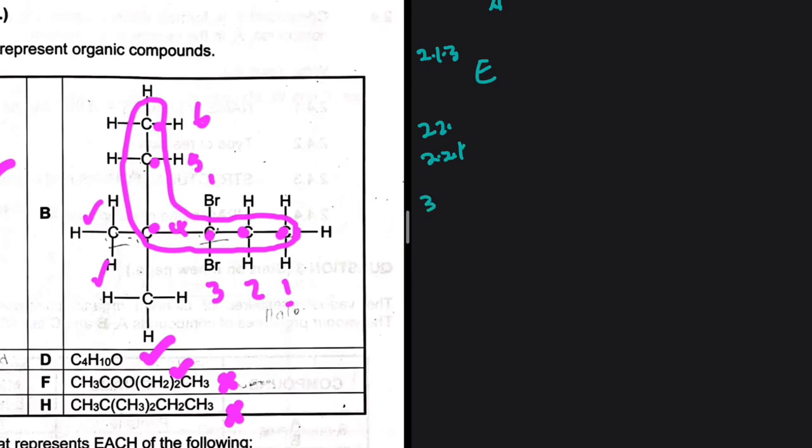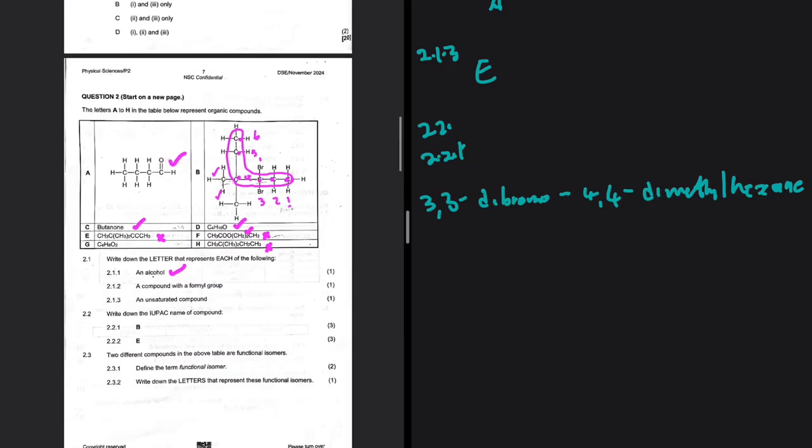So 3,3-dibromo. The methyl is on the 4th carbon, right? So 4,4-dimethylhexane, because like we said, we have 6 carbons on the longest chain. So hexane. So there we go. That is the IUPAC name of compound B.